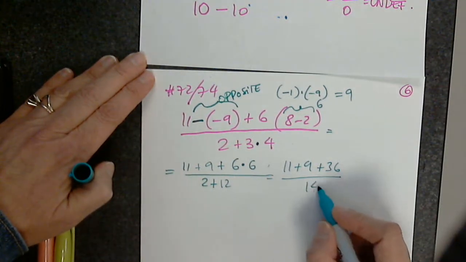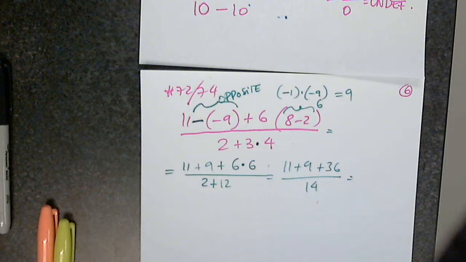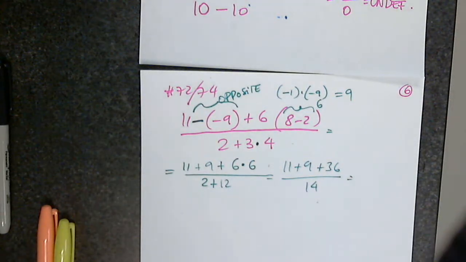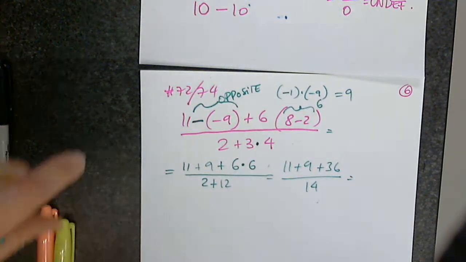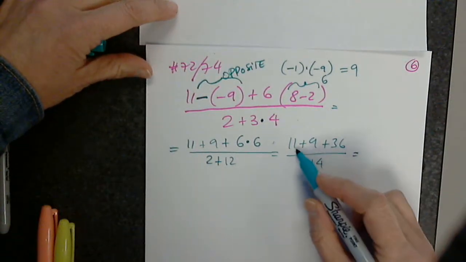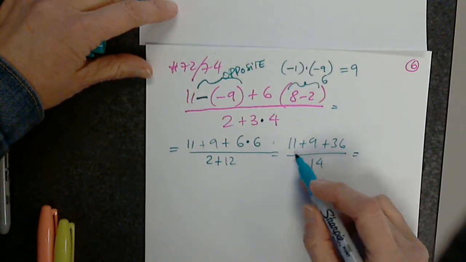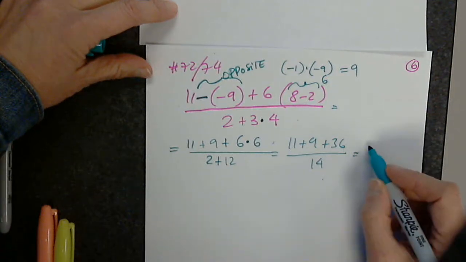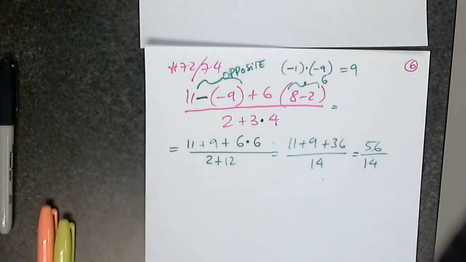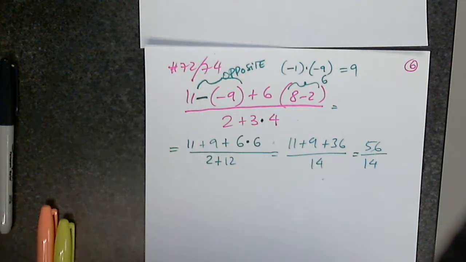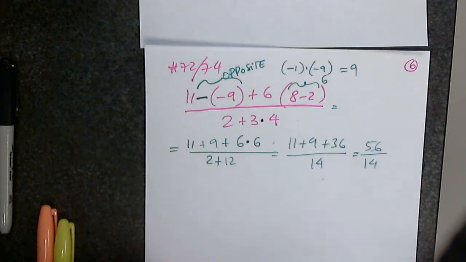I can perform here. Now here's a question for you. I want to simplify 36 and 14 by 2 before I add. Can't do terms. Thank you. Good. So this is 11 plus 9 is 20. 20 plus, right, 56 divided by 14. 56 is an even number, 14 is an even number, so I am going to try to simplify.